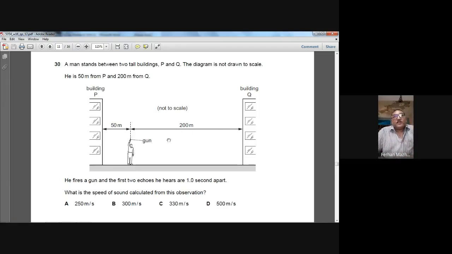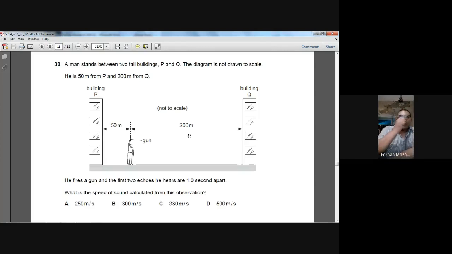The difference between the distances is 400 minus 100, 300 meters. In the question, the time lapse between the two echoes is 1 second. So speed is equal to distance divided by time: 300 meters divided by 1 second, and the answer will be 300 meters per second.